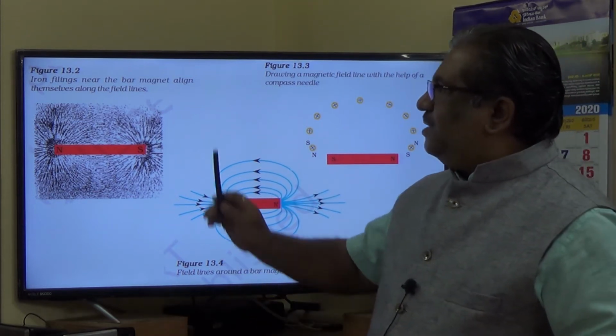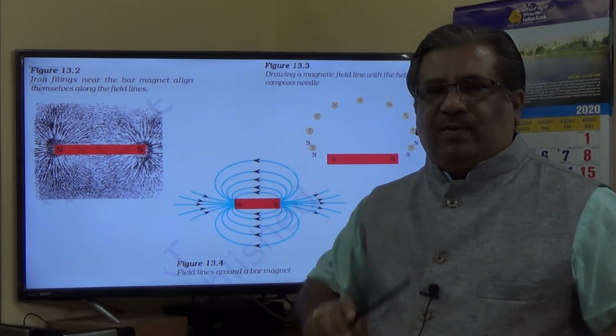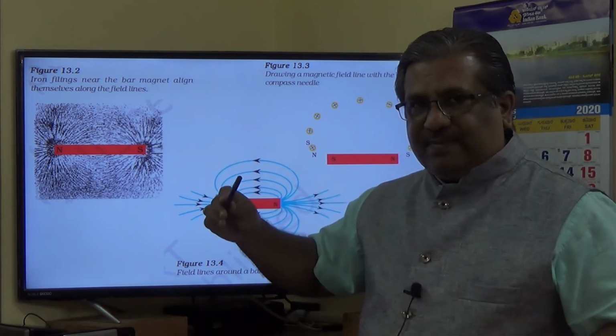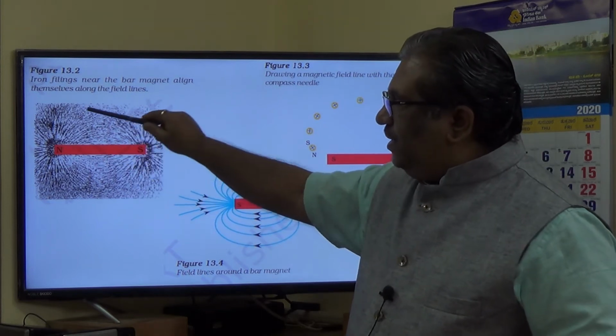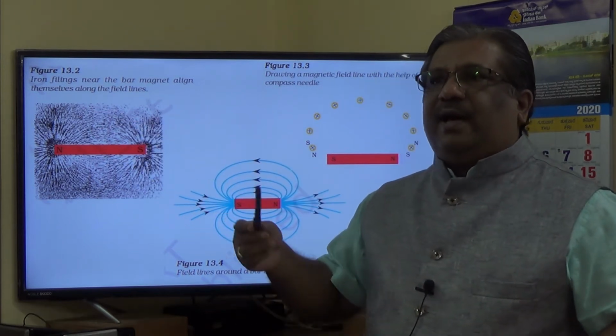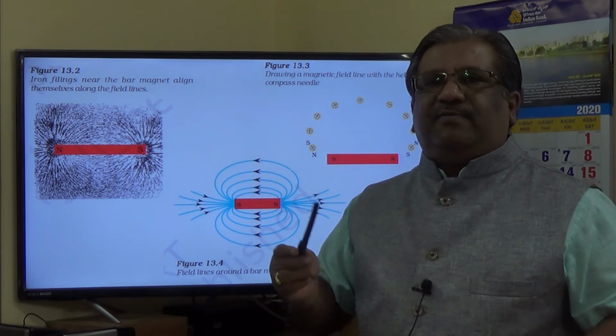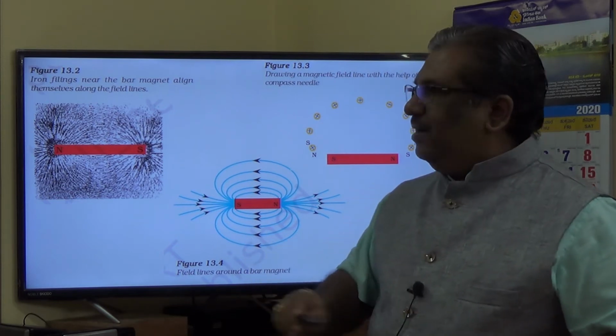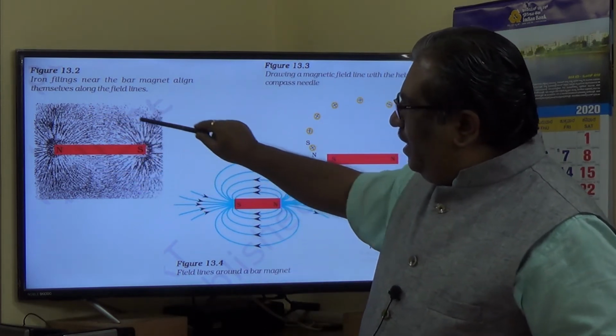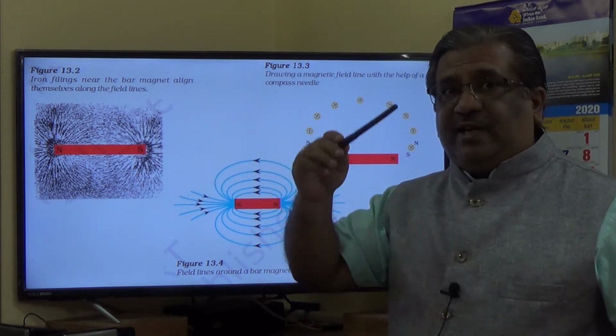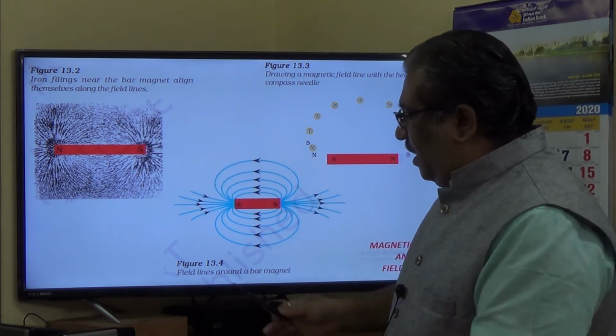So what is magnetic field and field lines? We should know. Magnetic field is the region surrounding the magnet where another magnet can experience a force. Do you understand? A region, not an area, it is a region, it is three-dimensional. Please remember, it is three-dimensional.